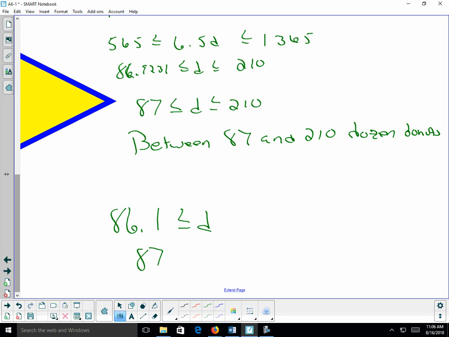On the flip side, if D was less than or equal to 210.9, you're tempted to round it to 211 because that would be proper rounding. But then 211 will put you over the 1,200, so you cannot do that. Here you're going to have to stop yourself at 210. So be sure you're careful and go back and read the word problem to figure out what you need to do.